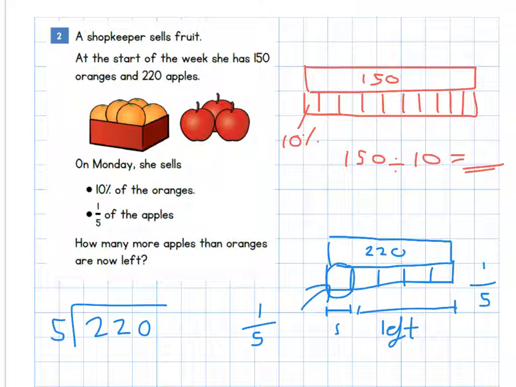If I do some subtraction, and then I take for my final answer, I should be able to work out how many oranges I had from this bar here. We're to work out how many apples she had, and using those two numbers I should be able to calculate how many more apples than oranges are now left.